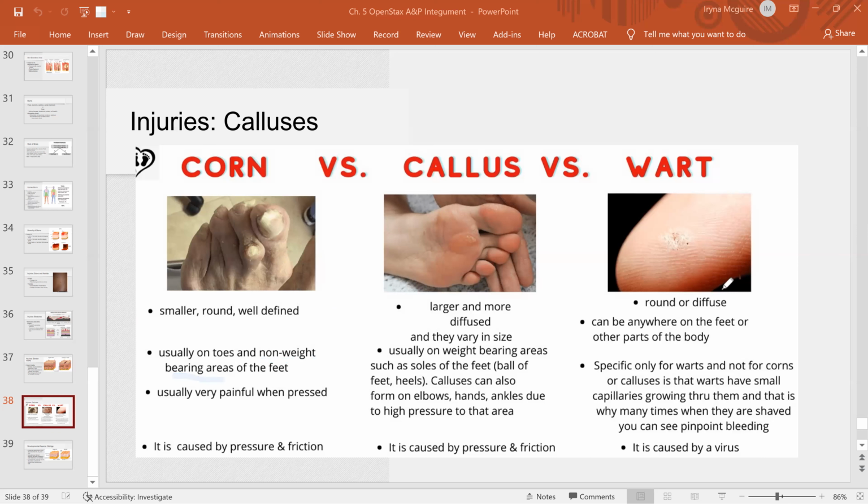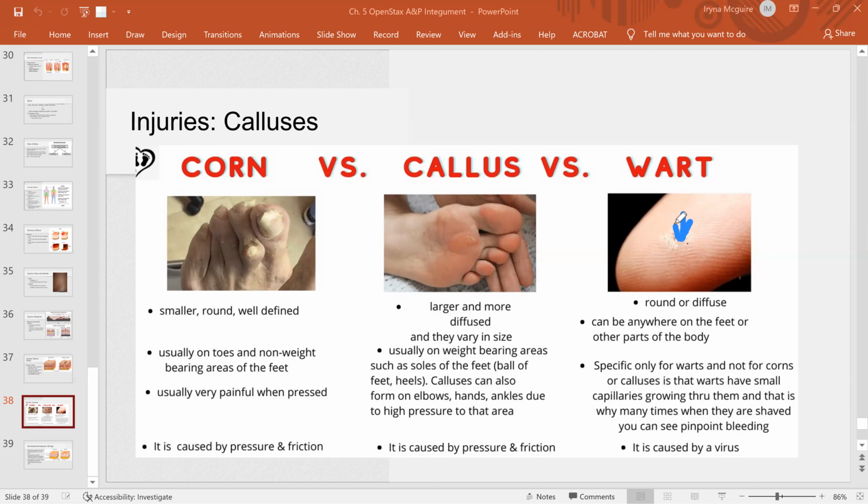And a wart is round and diffused, and this is caused by a virus, right? It can be anywhere on the feet or other parts of the body. Specific only for warts and not for corns or calluses is that warts have small capillaries growing through them, and that is why many times when they are shaved, you can see pinpoint bleeding, right?